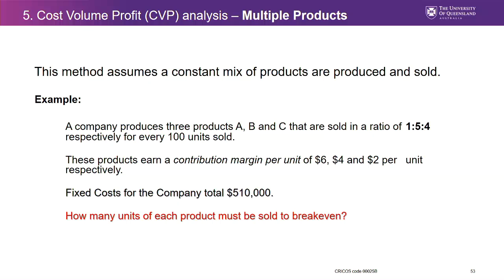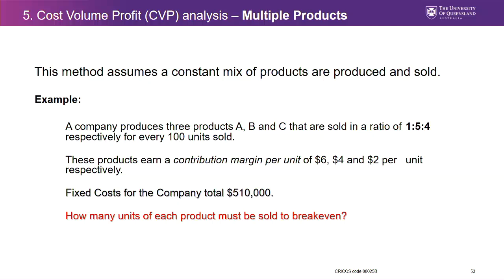You have to make an assumption that this ratio will remain constant. So these products earn contribution margin per unit. So A earns $6 per unit, B earns $4 and C earns $2 respectively. And the fixed costs of the company are $510,000.